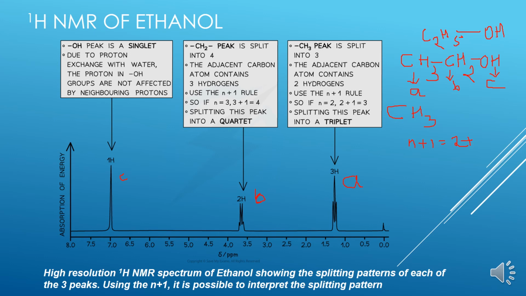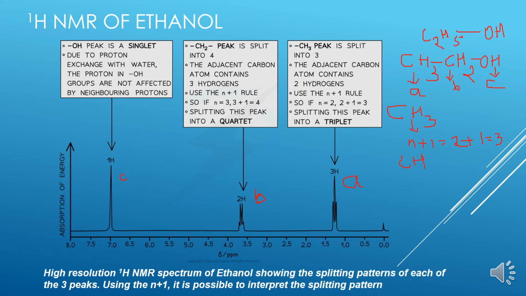Remember, two neighboring protons are there, therefore it is 3. So the methyl protons are split into a triplet, 3 peaks.